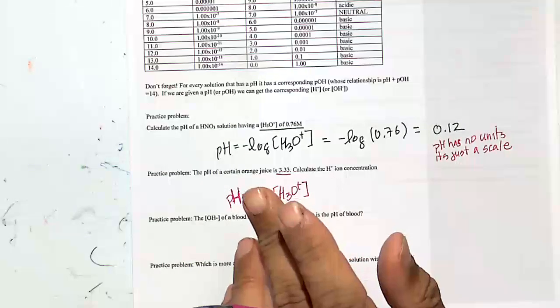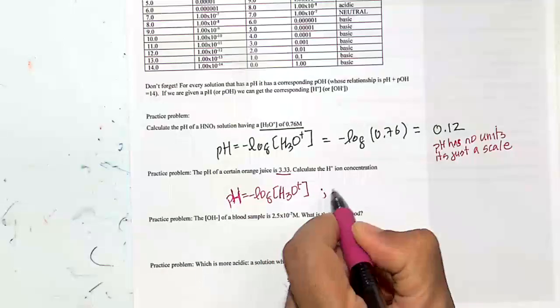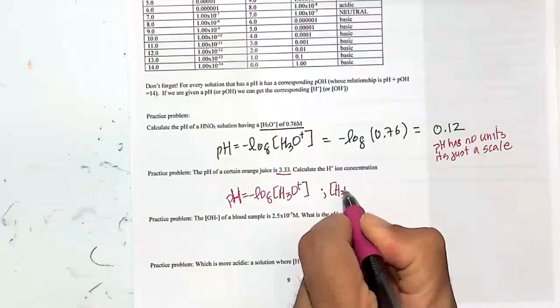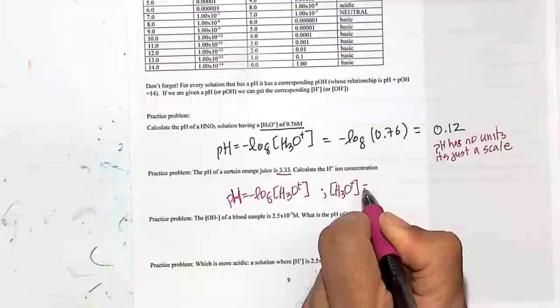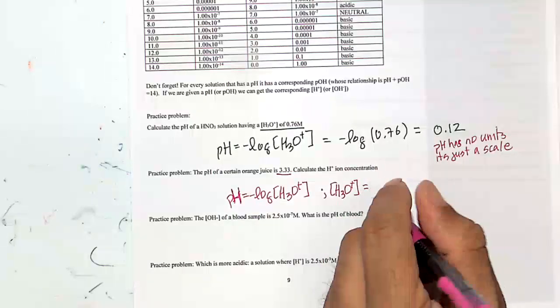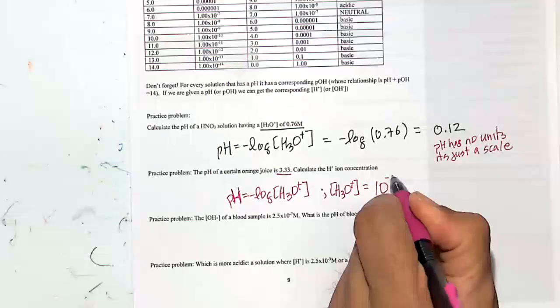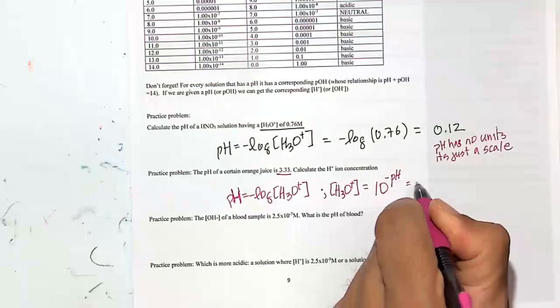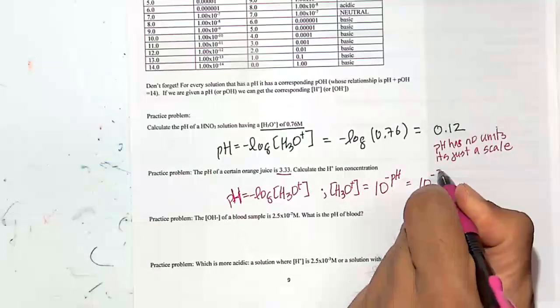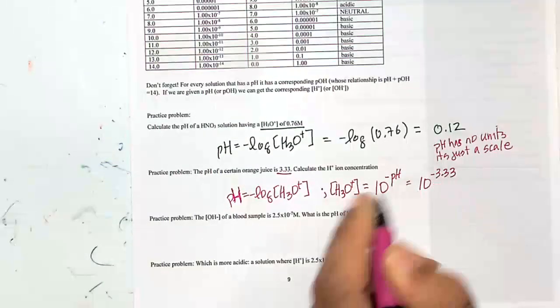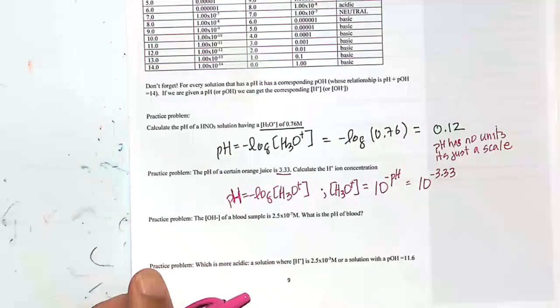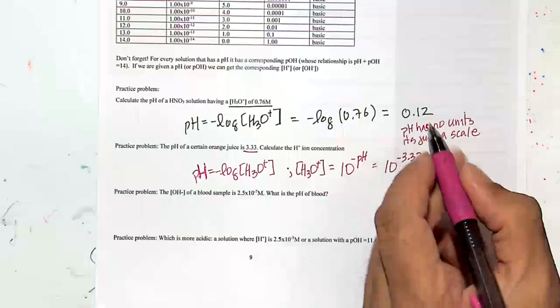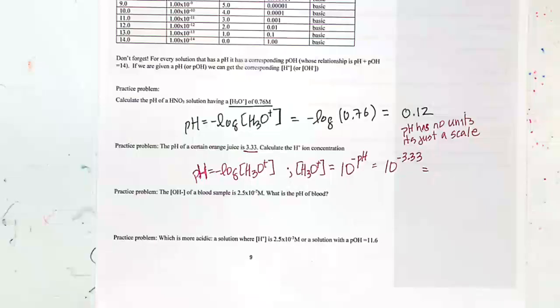But how do we reverse and get the H3O plus concentration? Okay, it's going to be the antilog, and the antilog is 10 to the power of the minus pH. So 10 to the power of minus 3.33. So this is what you want to put on your calculator.